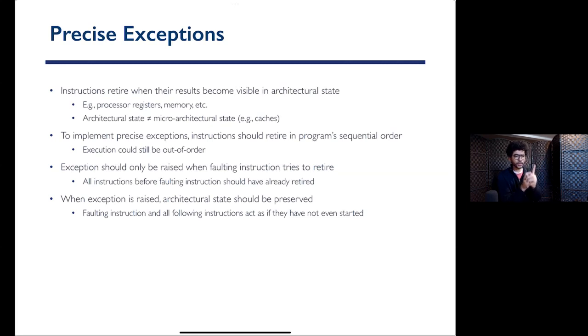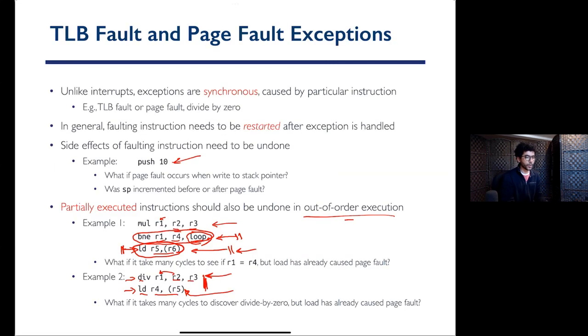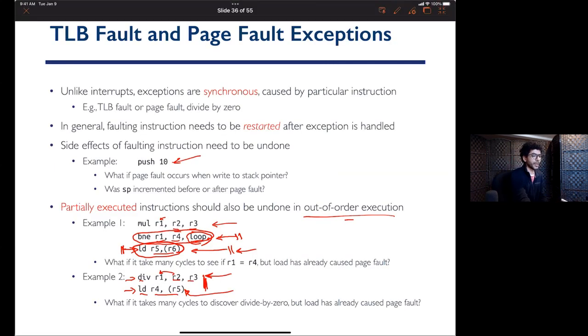And as I, let's say with the example that we predicted that the branch is not taken and went and executed the load. So the pointer is pointing. So going back to this example, and let me clean this up.